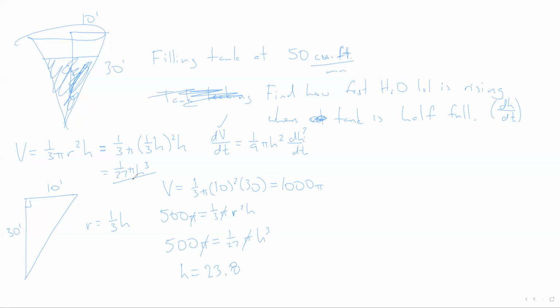Do we agree with 23.8? Yeah, I was sort of expecting 20 myself. All right. Oh, I know why. Okay, so 23.8 is the height, right? So now I believe we have everything we need. Solving for this, we got 50 equals 1/9 pi times 23.8 squared times dH/dt, which I really care about.